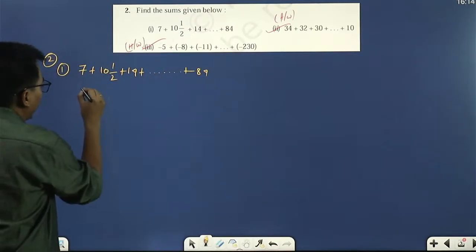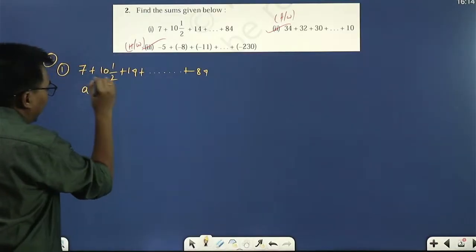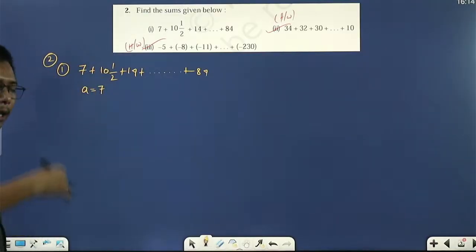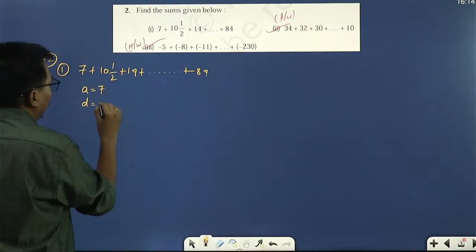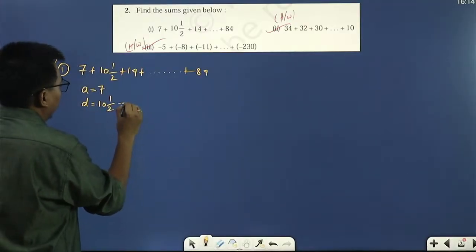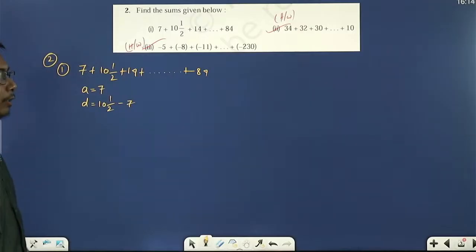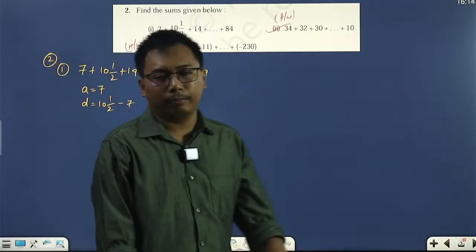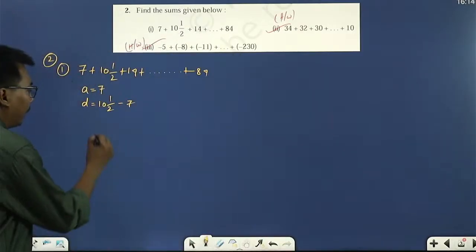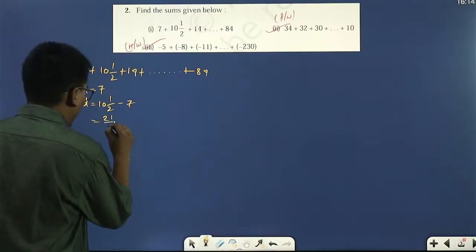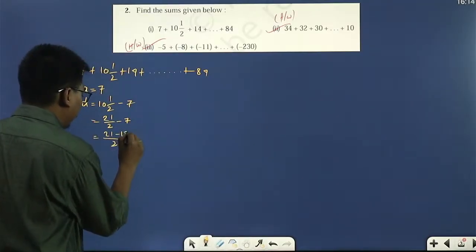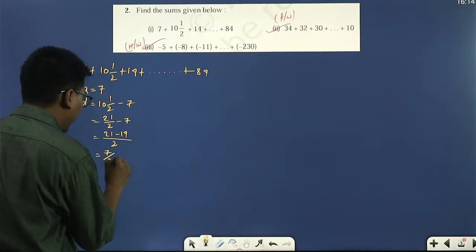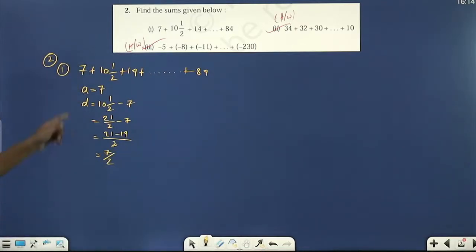Now we can easily say that our first term is 7, and we can also find the common difference by subtracting the first term from the second term, right? So 10 and a half minus 7, we get 21 by 2 minus 7. So 21 minus 14 by 2, which will be 7 by 2. So this will be our common difference, 7 by 2. So we know two things now.